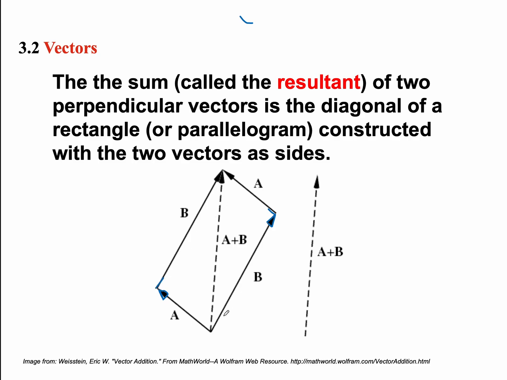Or you could put B down first and then put the tail of A. The resultant of these two vectors, or the sum, goes from the tail of the first all the way to the head of the second vector you draw. So in this case, this purple vector is A plus B. And you'll get it either by adding B plus A or A plus B.